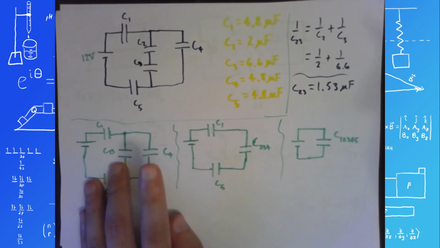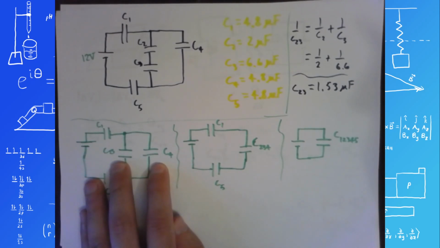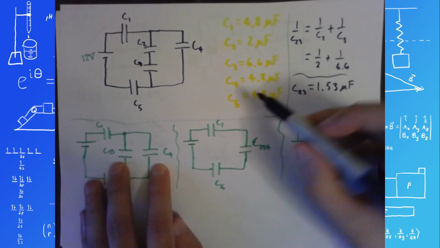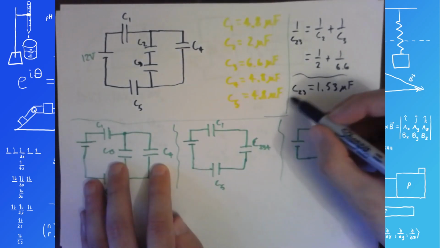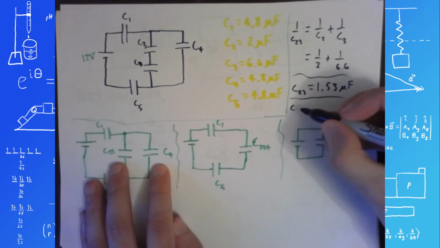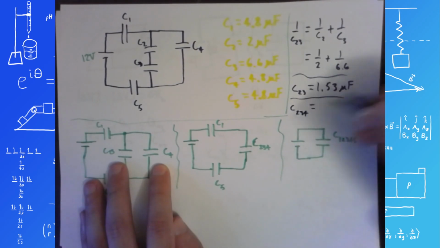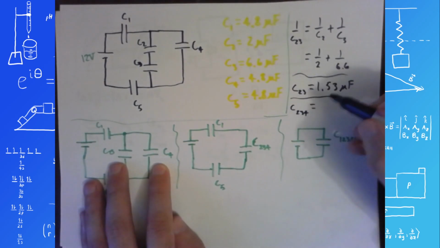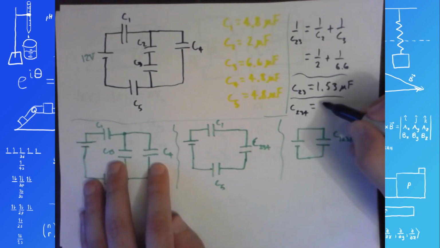And then if I add it in parallel with C4, that's just direct addition. So C234 is going to equal C23 plus C4, just direct addition.